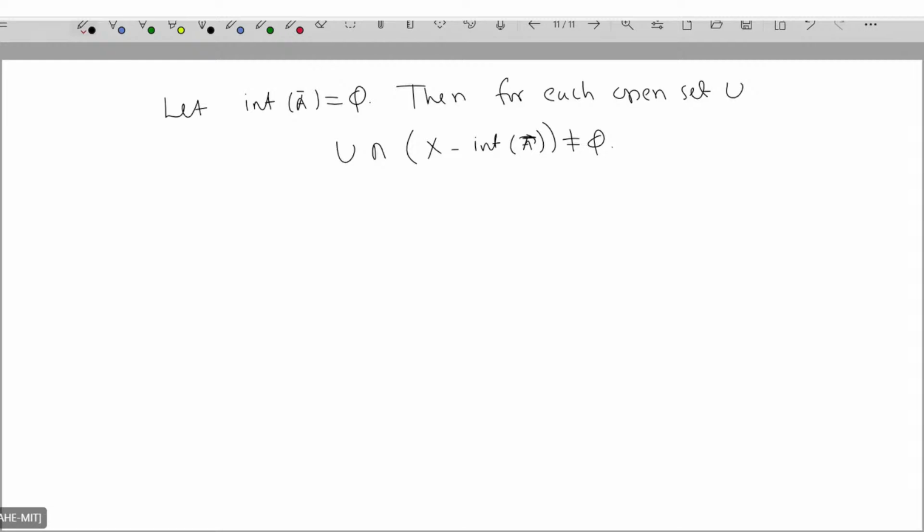Oh yeah, that will be U itself, and therefore X minus A closure. So U will intersect X minus A closure.